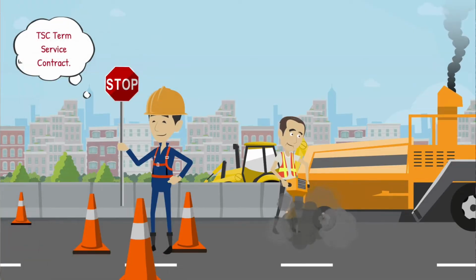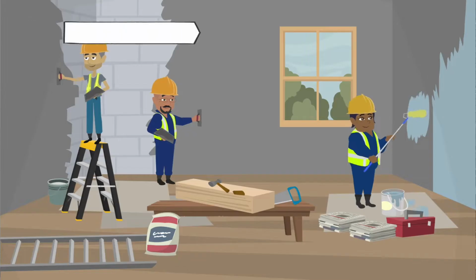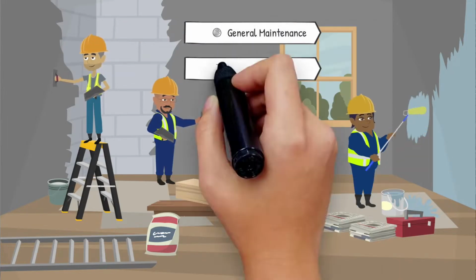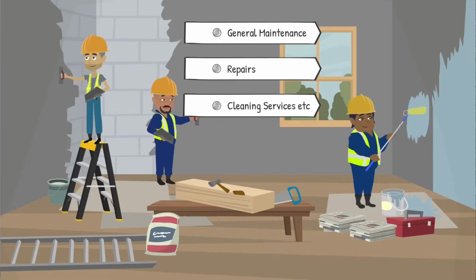The next contract is the term service contract, right? In the term service contract, we use it to appoint a supplier, but it's mainly if you're appointing a supplier for a period of time, right? It can be 6 months, can be a year, can be 2 years, right? There is a certain period of time.